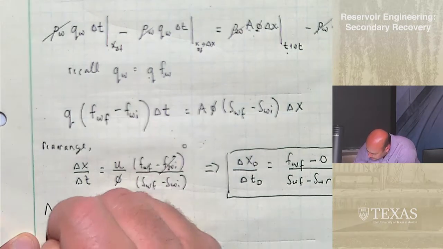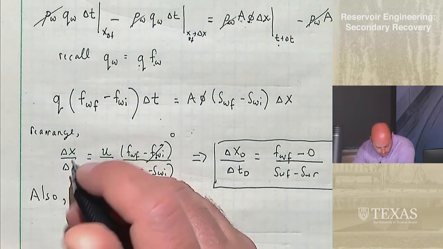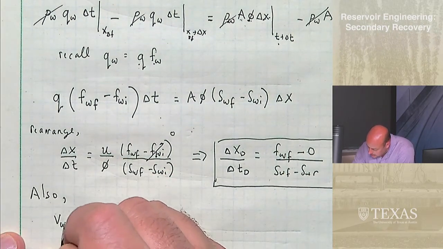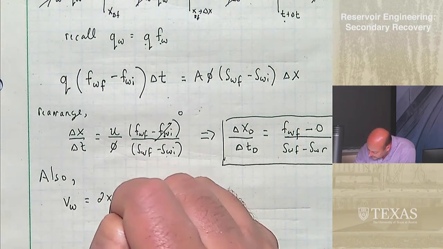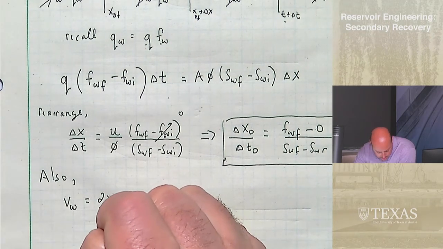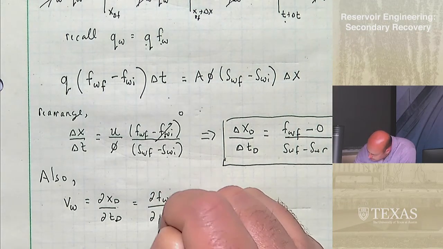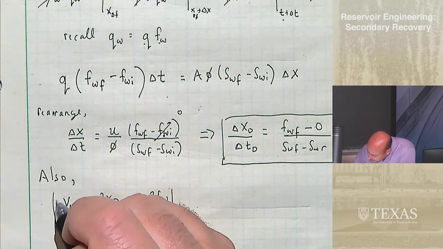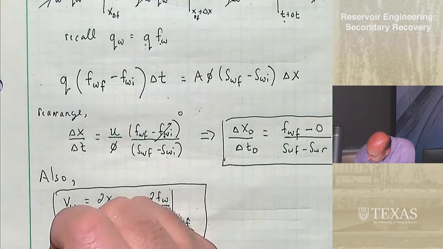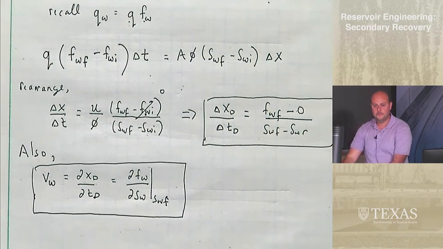Then I'll say also, we know that the velocity of the saturation front, VW, is equal to the partial of XD with respect to TD, which is equal to the partial of FW with respect to SW at the front saturation. We derived this a couple lectures ago.